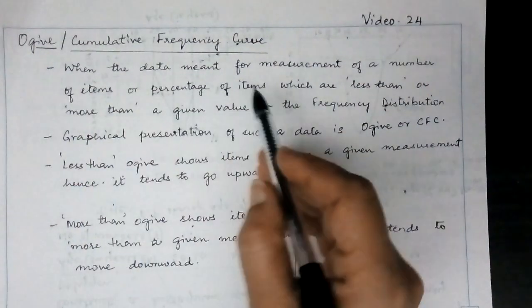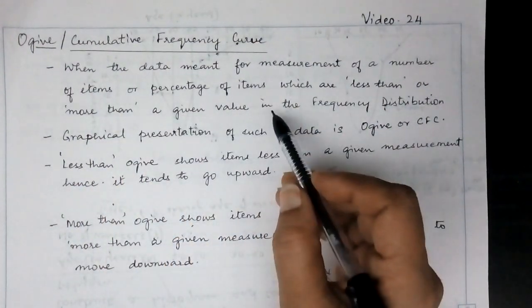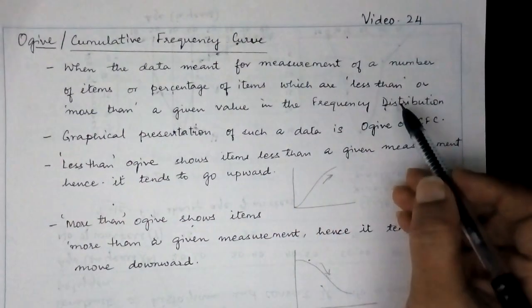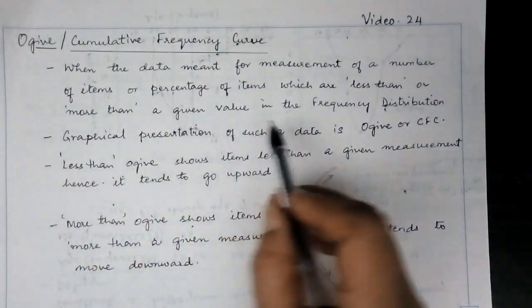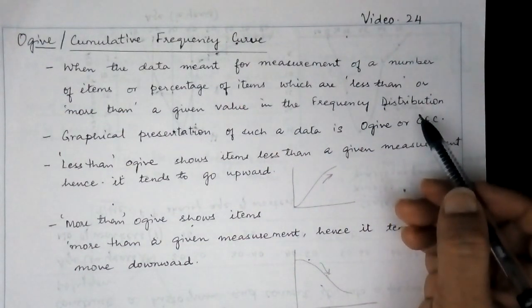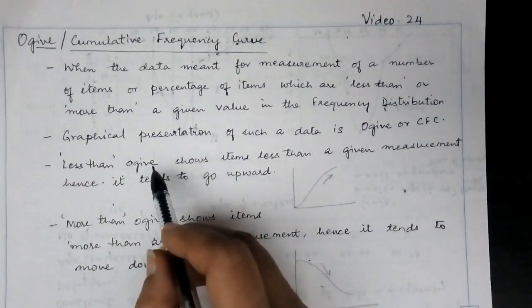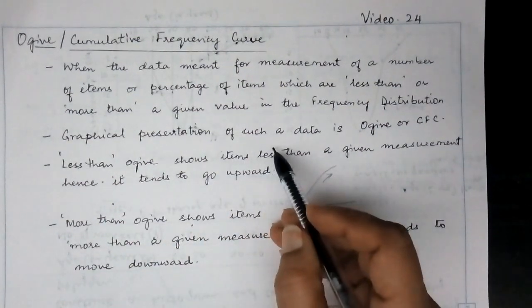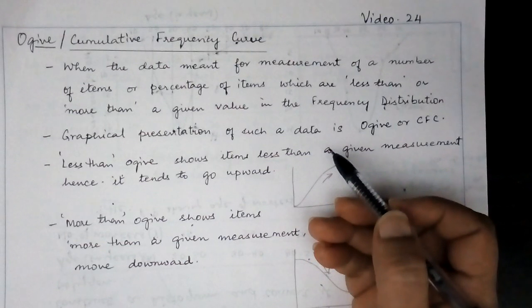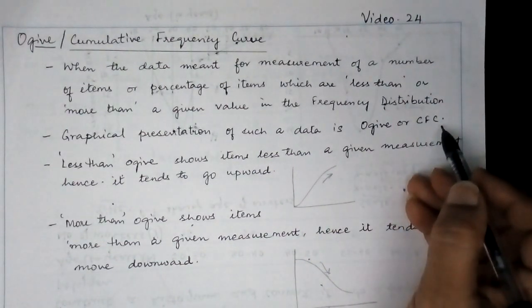So when the data is meant for measurement of a number of items or percentage of items which are less than or more than a given value in the frequency distribution, we use the ogive. Now this is a graphical presentation of data, otherwise called cumulative frequency curve.